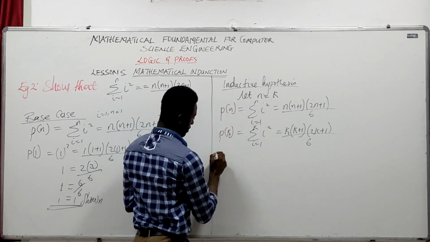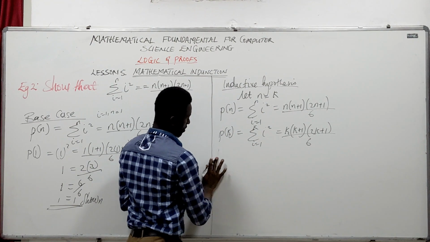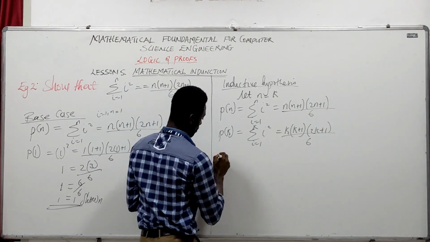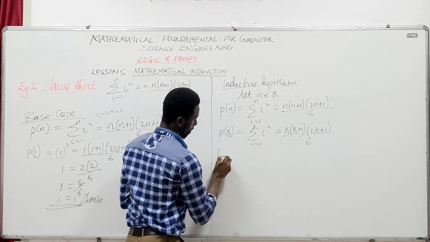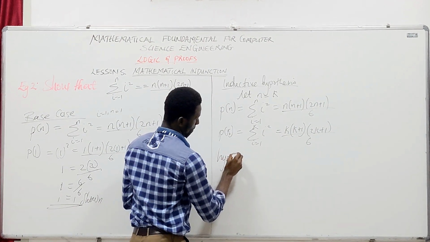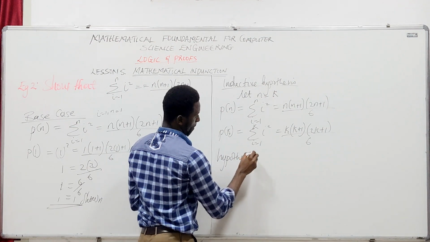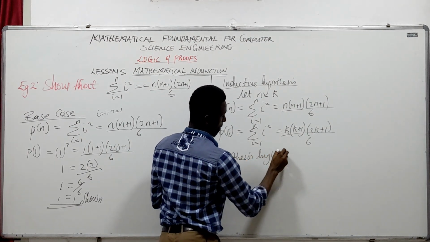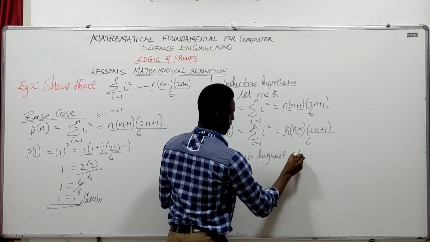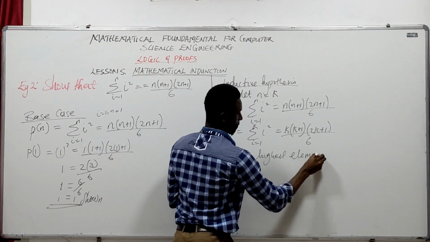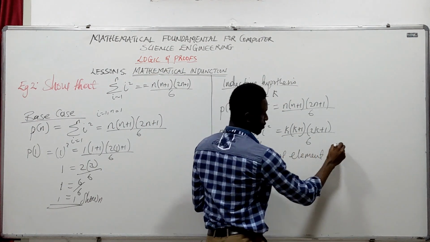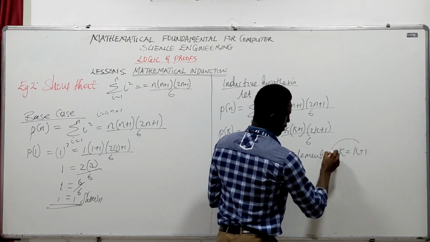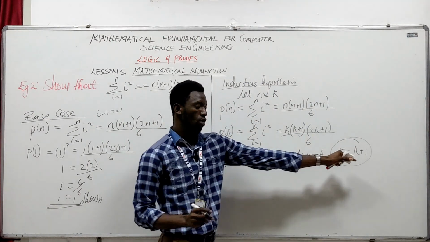Then the third part, we check for the highest element. For the highest element, we say k becomes k plus 1. We give an increment of 1 to k.